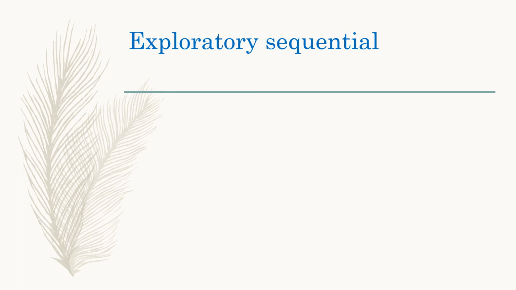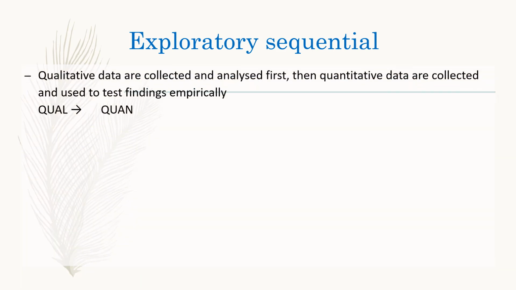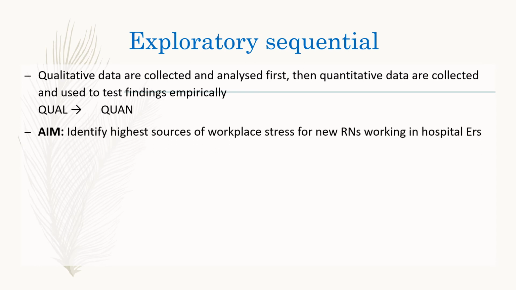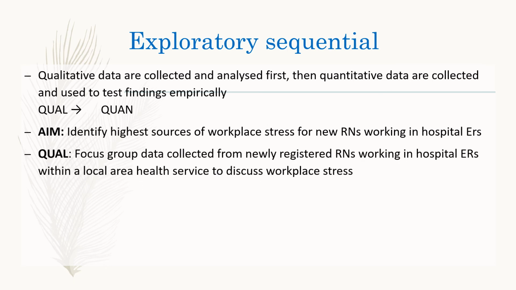So in the exploratory sequential design, as a summary, qualitative data are collected and analyzed first, then quantitative data are collected and used to test the findings empirically. So qualitative first, then you can develop a tool, and then you can do your quantitative analysis. For example, if you aim to identify the highest sources of workplace stress for new nurses working in hospital emergency rooms, your qualitative phase is focus group data collected from newly registered nurses working in hospital ERs within a local area health service to discuss workplace stress.